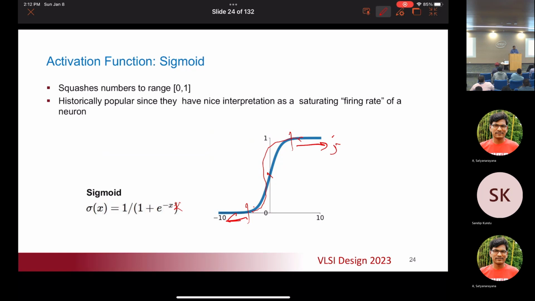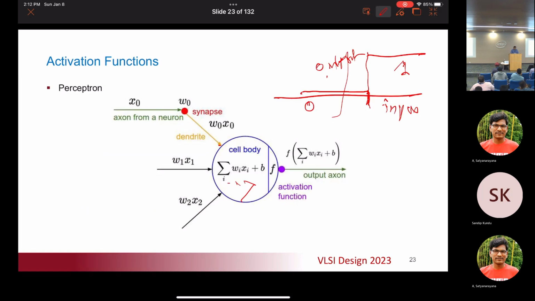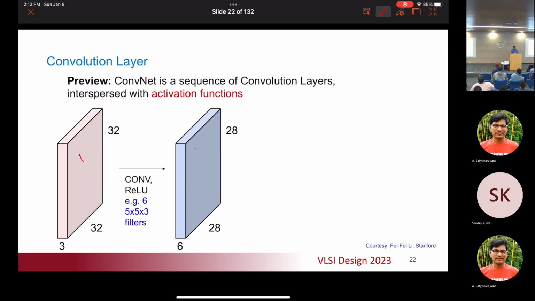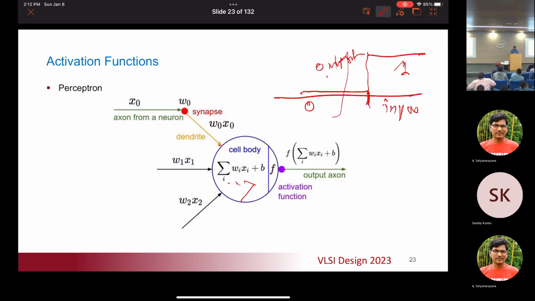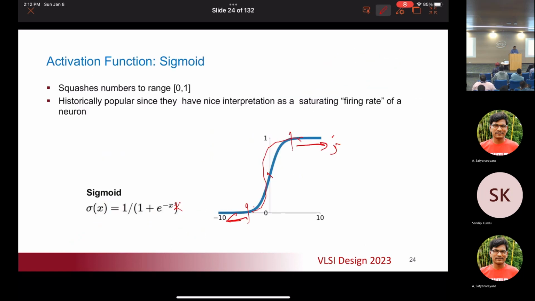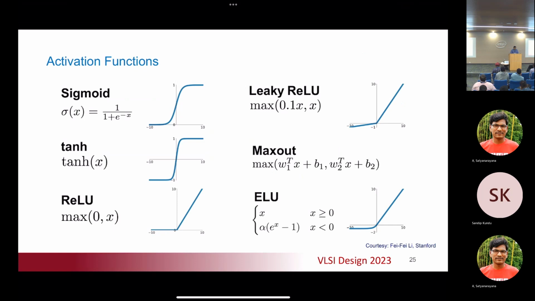So one of the things that people did early on was that we produced this activation map by doing convolution, and then we applied on each one of those output maps a nonlinear activation function, like the perceptron, like the sigmoid function. The sigmoid function was used for a long time, and it has the property that it goes from 0 to 1.